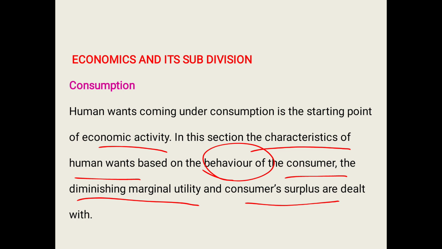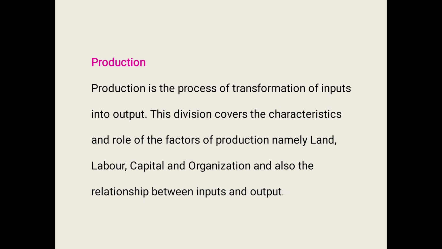Next one is production. As consumption starts taking place, production also develops. So production is this: you have an input, that is, you give raw material and make it into a finished product. So you have an output as finished product. Input is supposed to be the raw material. So the production function starts with inputs and outputs.